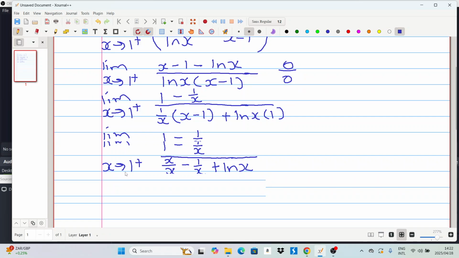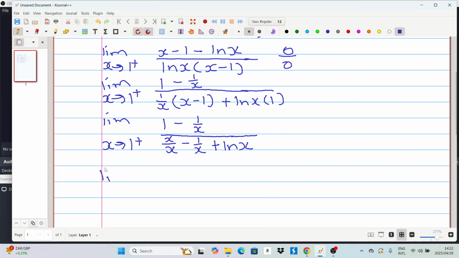Then to further solve, we have the limit as x approaches 1 plus. We have 1 minus 1 over x on top. Then the denominator x over x gives us 1, then we have 1 minus 1 over x plus ln x.